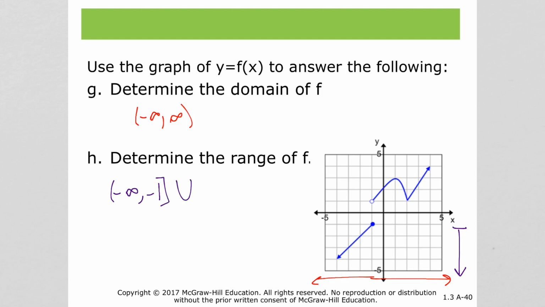And we're going to union that with, we've got this break between -1 and 1, but we're starting back at 1, and we wouldn't include it because of that open dot, but because of here we're actually touching, we're going to include the 1 and go to infinity. That concludes section 1-3.